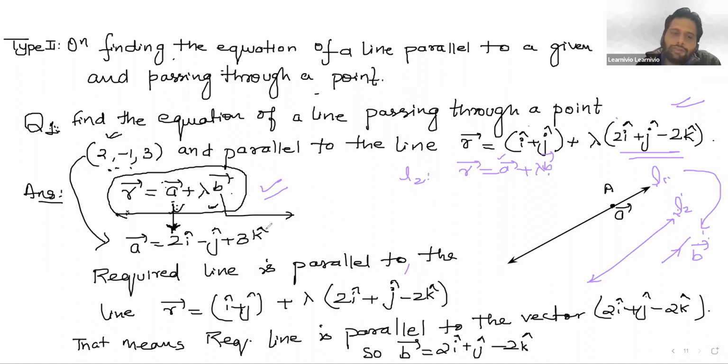So the value of B you will get is this one. So B is equal to 2i cap plus j cap minus 2k cap. You have A, this, you get B, this. Now you can find the equation of the line. Is it clear? Saf, Huzefa, Atif?